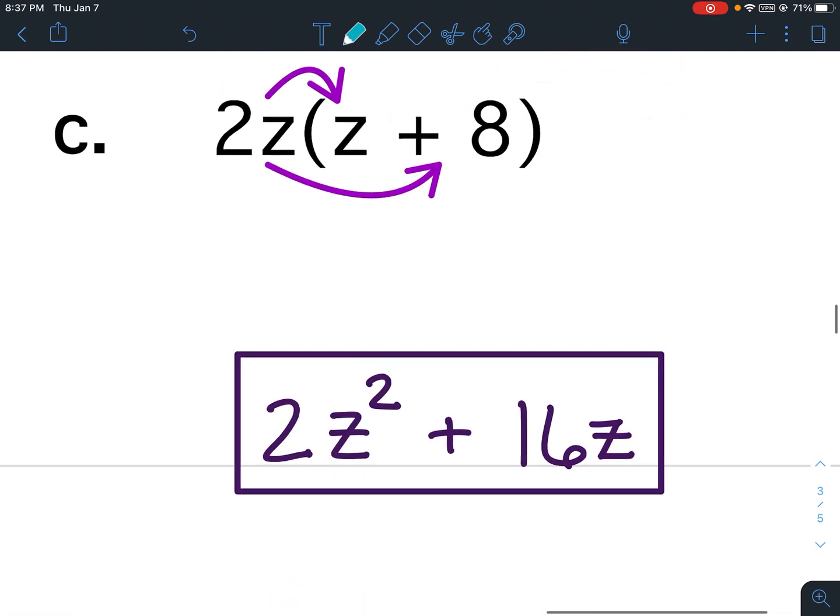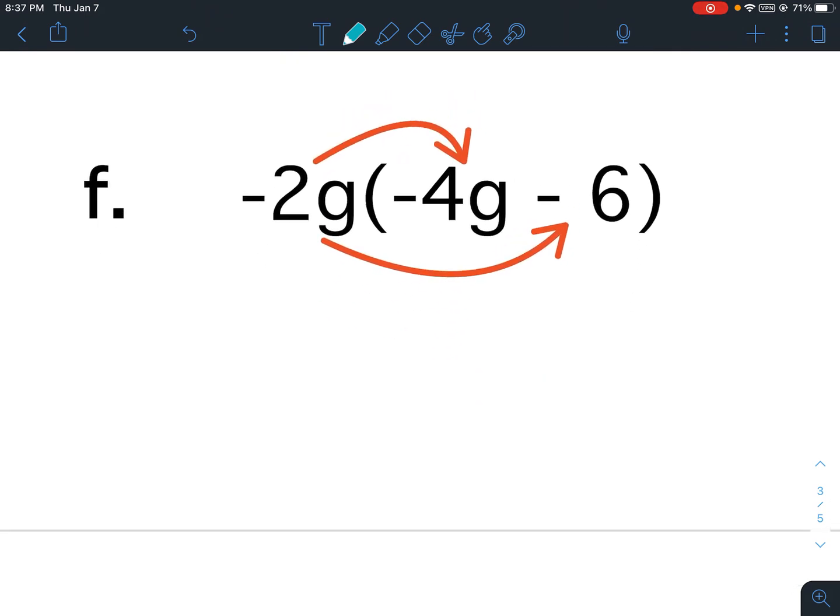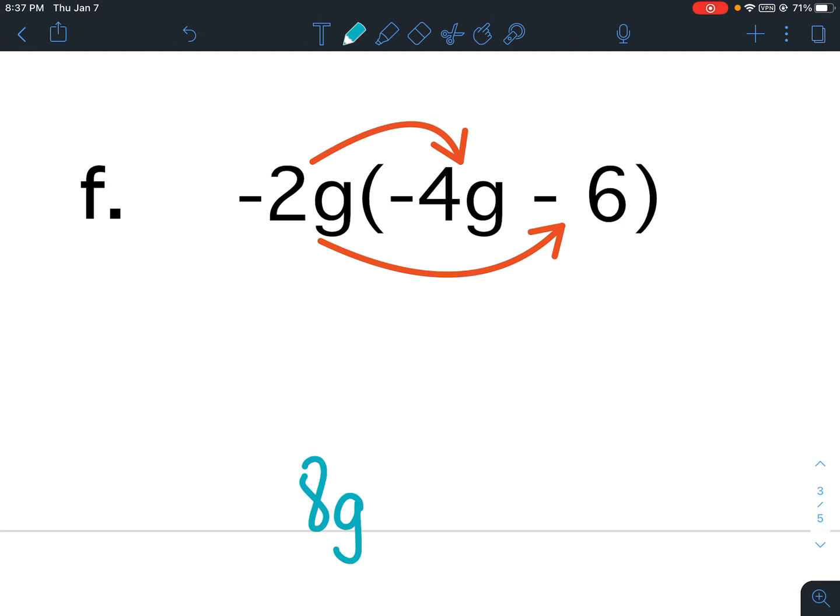F is very similar to C. So I'm going to start by multiplying the -2 and the -4. Two negatives become positive 8. So 2 times 4 is 8. So that would be positive 8. And then G times G gives you G squared. So this would be 8G squared.